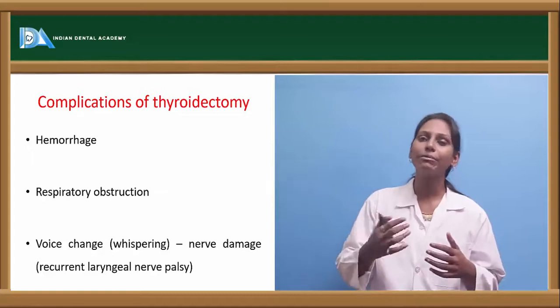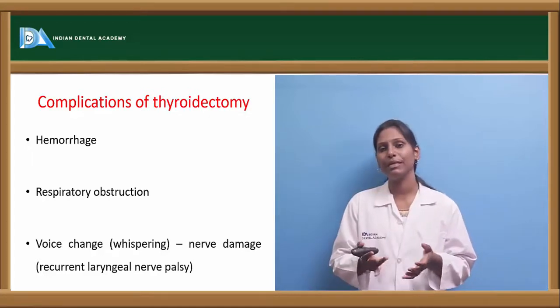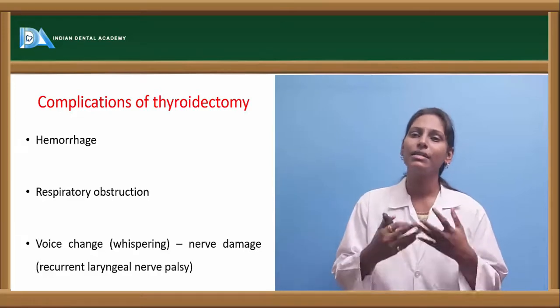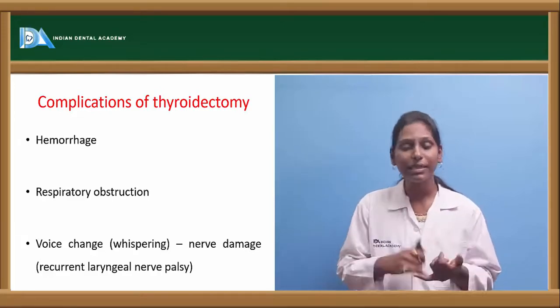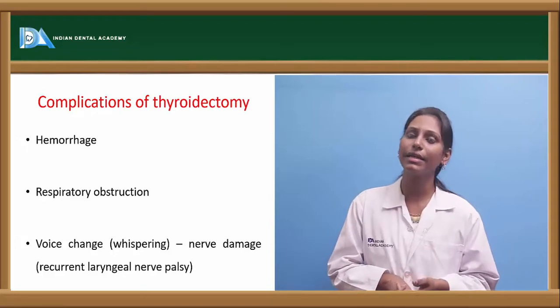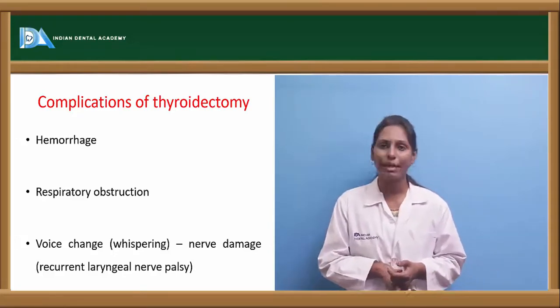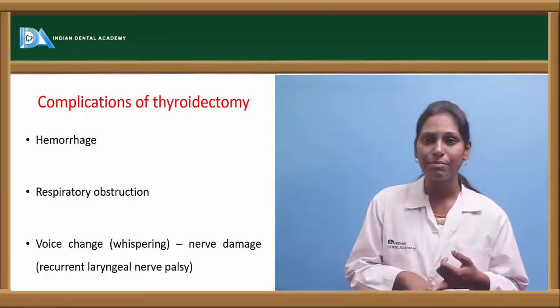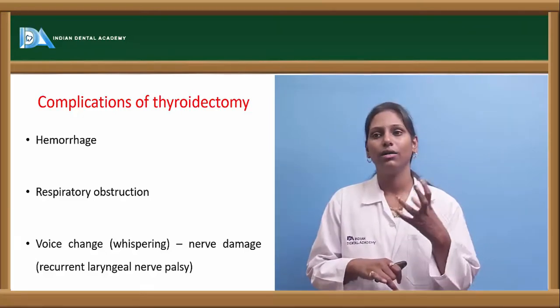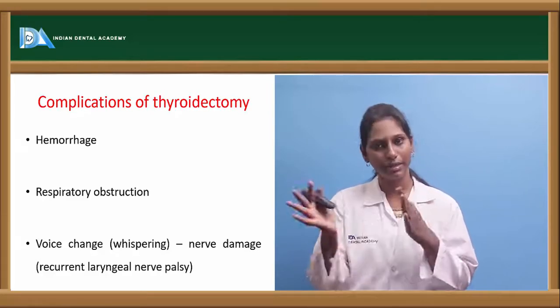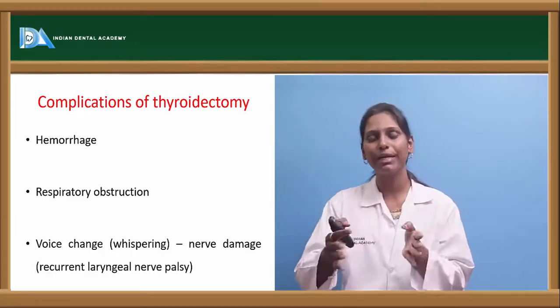And I told you that the surgical management is thyroidectomy. Usually we do subtotal thyroidectomy, right? But this has certain complications. Other than the decrease in circulating thyroid hormones, we have certain other complications of thyroidectomy, which include hemorrhage. There could be respiratory obstruction, because after the thyroidectomy there can be edema in the immediate post-operative period.